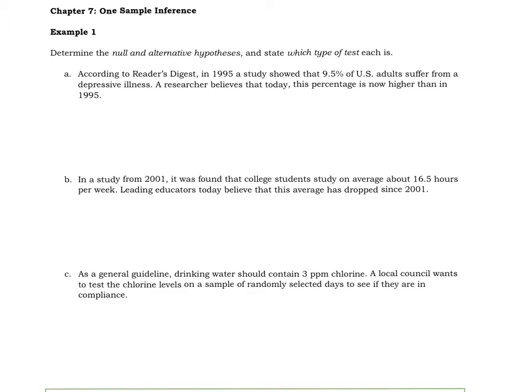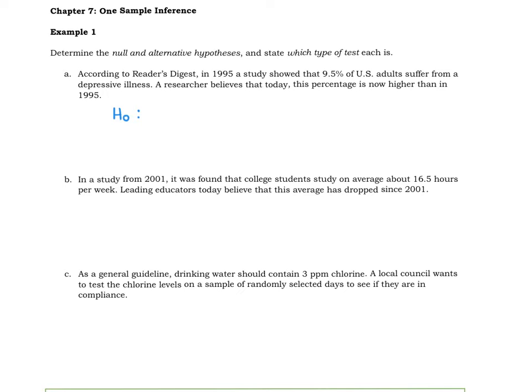All right, so according to Reader's Digest, in 1995, a study showed 9.5% of U.S. adults suffer from a depressive illness. A researcher believes that today this percentage is now higher than in 1995. First, we need to figure out the null hypothesis. Write out the symbol for the null hypothesis, and always follow that by a colon. What is our historical claim, or the value we believe to be true because of what's been happening in the past?